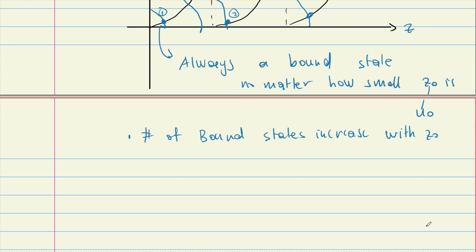So you can do exactly the same for odd solutions. Sorry, this is odd. For even solutions, we took the cosine. For odd solutions, we are going to take sine. And at the end, you are going to find an equation like this: z cotangent z is going to be equal to minus square root of z naught square minus z squared.